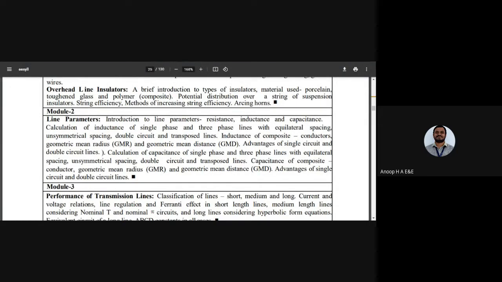In module number 3, we discussed the different types of transmission lines with respect to voltage and distance of transmission lines. In module number 4, we discussed corona and underground cables, where we had a bit of derivation. And in module number 5, we discussed the DC distribution system and the power quality aspect.